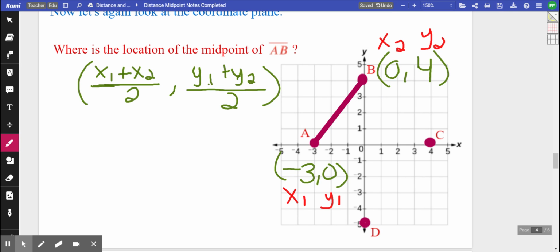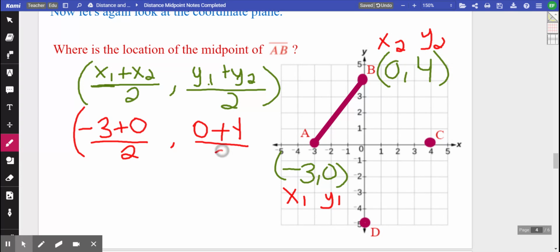So we need to add up our x values: -3 plus 0, and we divide that by 2, comma, add up our y values: 0 plus 4, and divide that by 2.